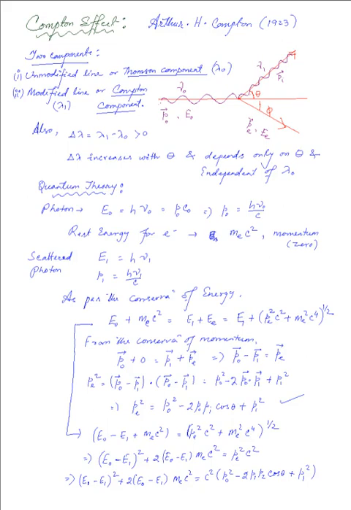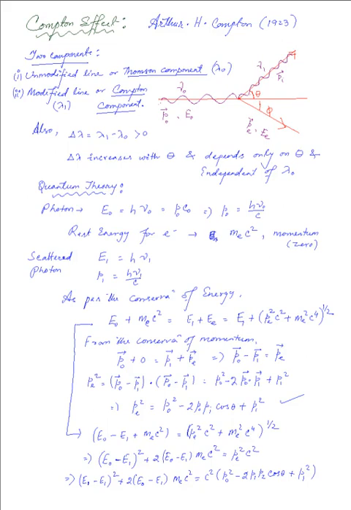After scattering, it has been scattered through an angle theta with respect to the incident direction, and in that direction it now has a frequency nu 1, and the corresponding wavelength is lambda 1, which is obviously greater than the incident wavelength. As a result, the del lambda, that is the increase in the wavelength, is positive, and it increases with the angle of scattering.